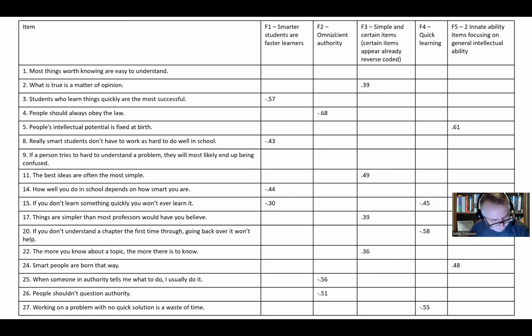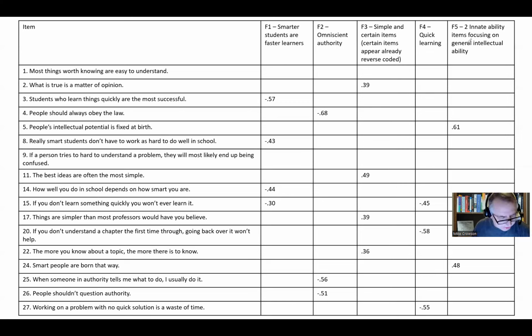Basically, knowledge comes from omniscient authorities. Factor 3 contains that familiar configuration of belief in simple knowledge and certain knowledge. Factor 4 looked to be more of a pure measure of belief in quick learning. And then factor 5 looked at innate ability items that are focusing on more general intellectual ability perceptions.